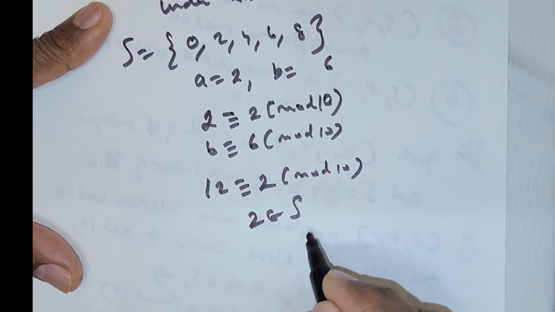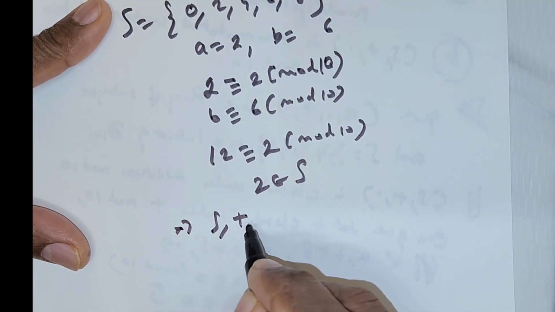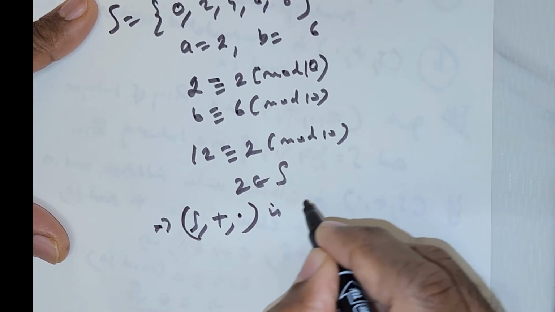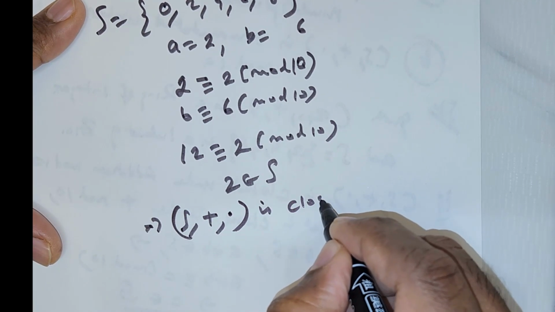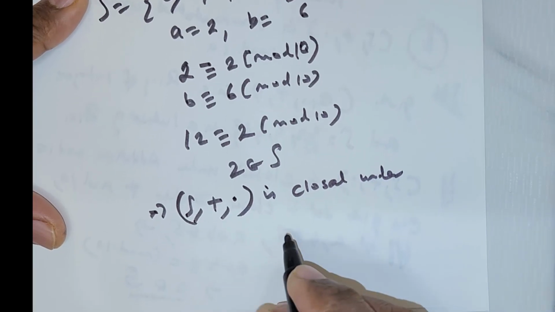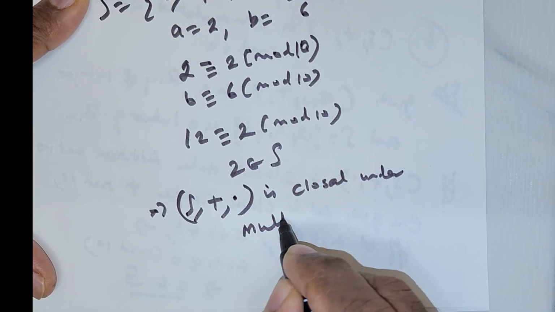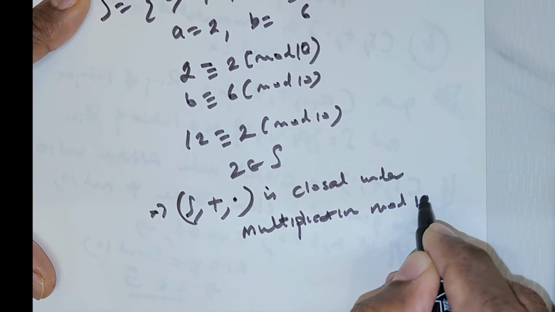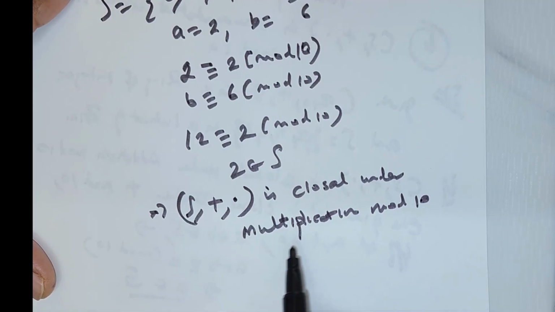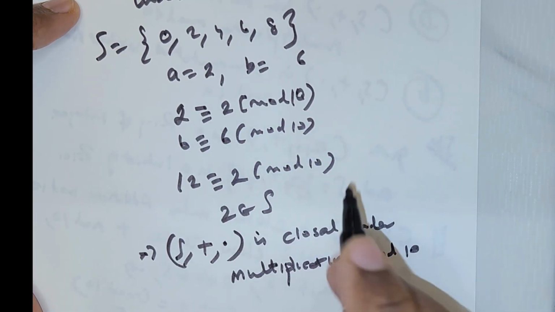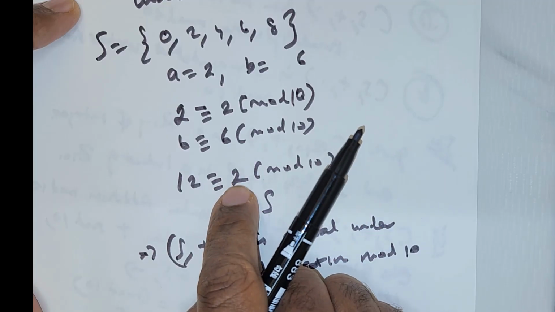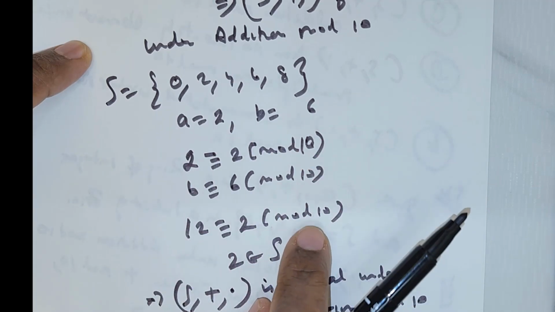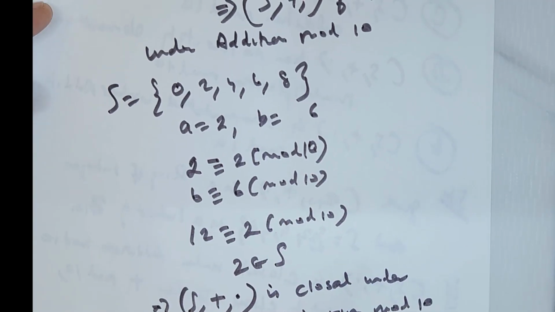Now 2 is contained in S. So this means S, addition and dot, is closed under multiplication mod 10. So the meaning is when we perform the operation, the outcome is also going to be an element contained in the parent set, of course by running it through the mod 10 operation.